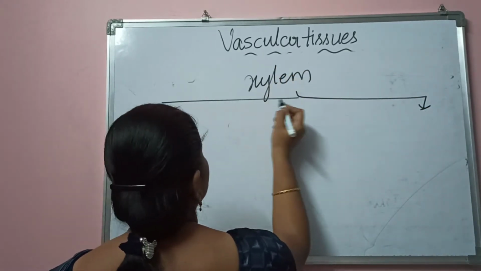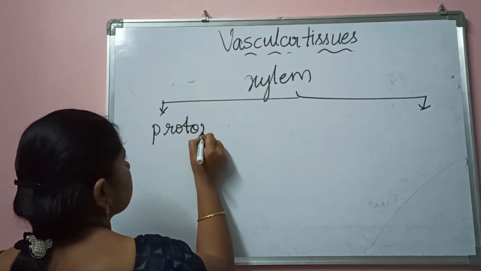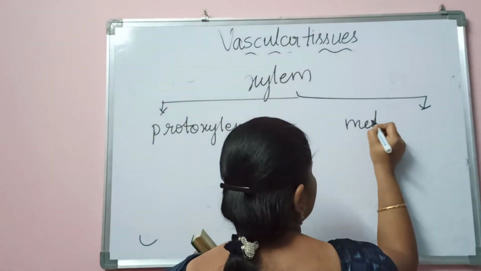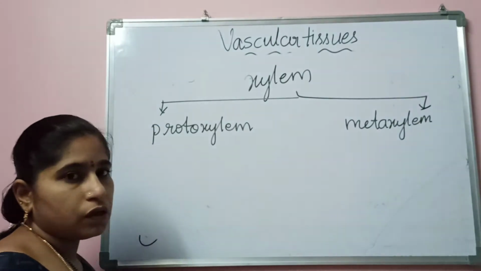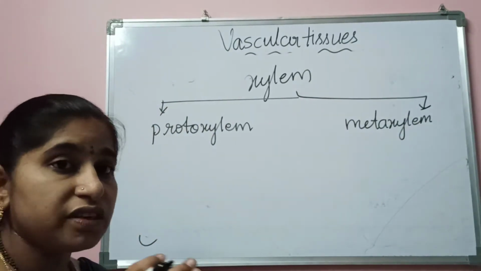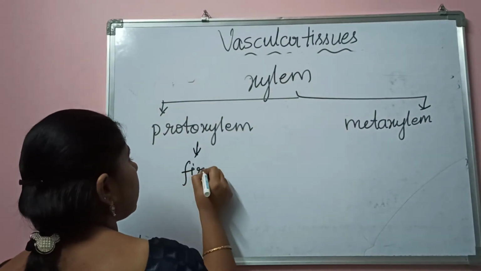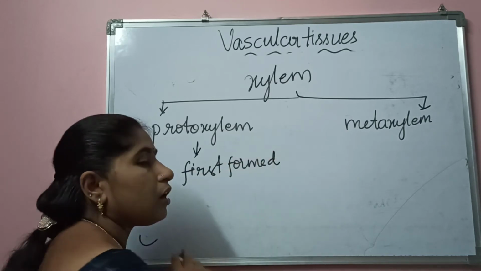The xylem is divided into two types: protoxylem and metaxylem. If the xylem is formed primarily, meaning the first formed xylem, it is called protoxylem.